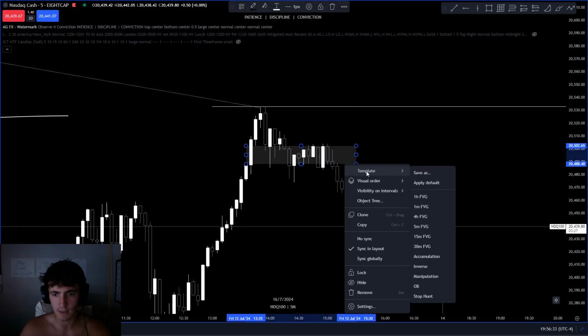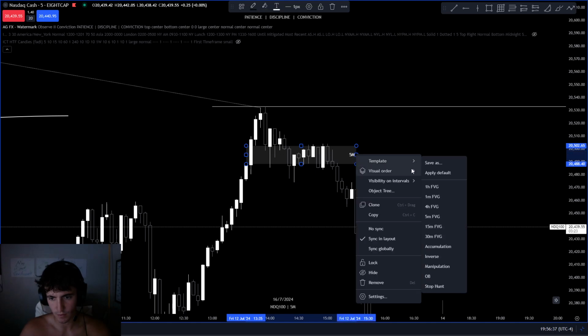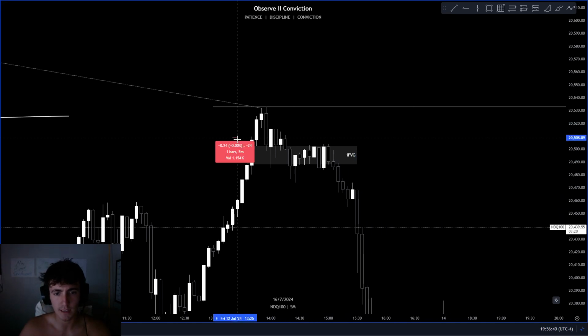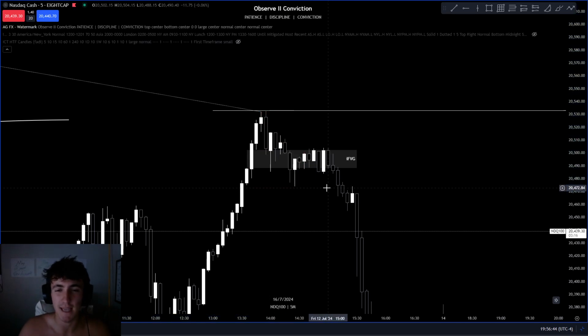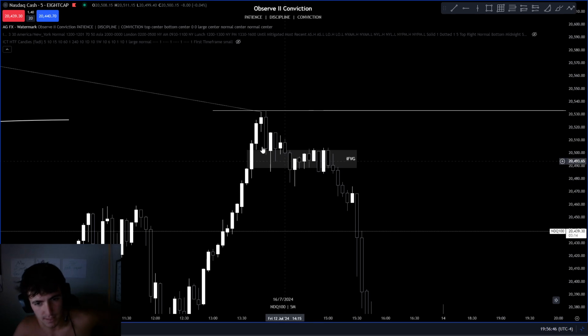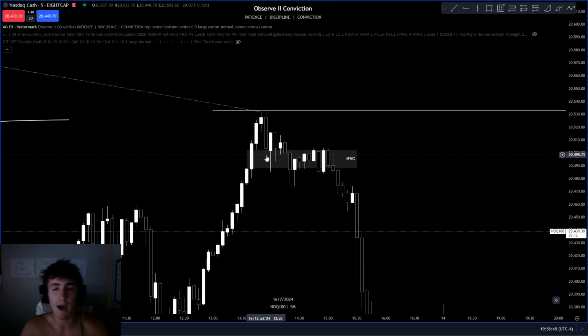As you can see, price creates a bullish fair value gap and then runs straight through it. Now it becomes an inverse fair value gap because it's still an imbalance, but it's not in your favor anymore.